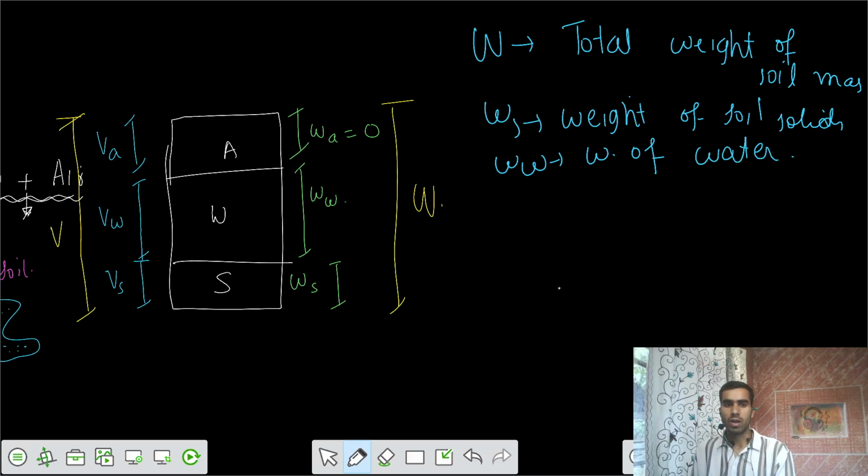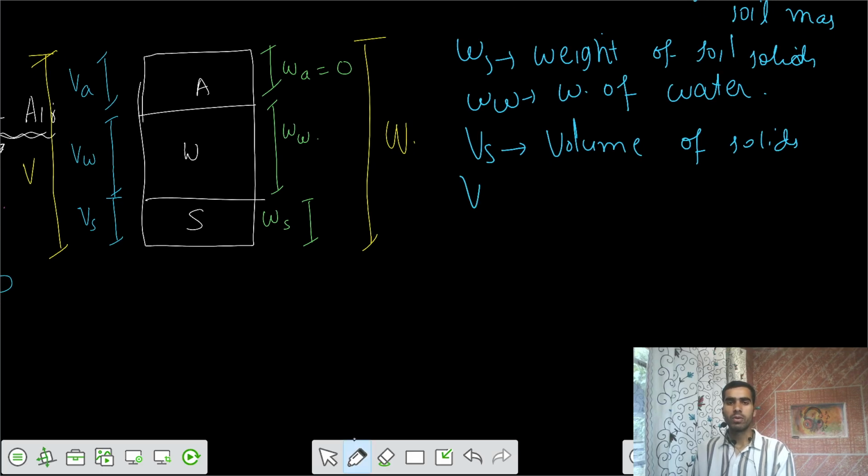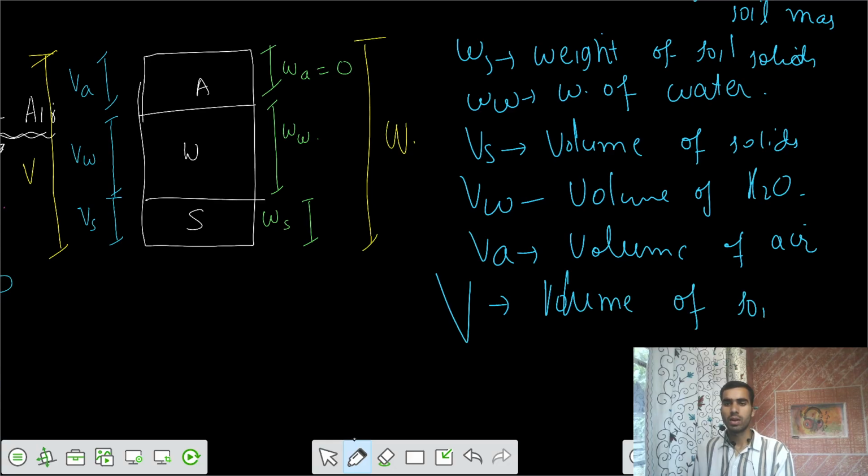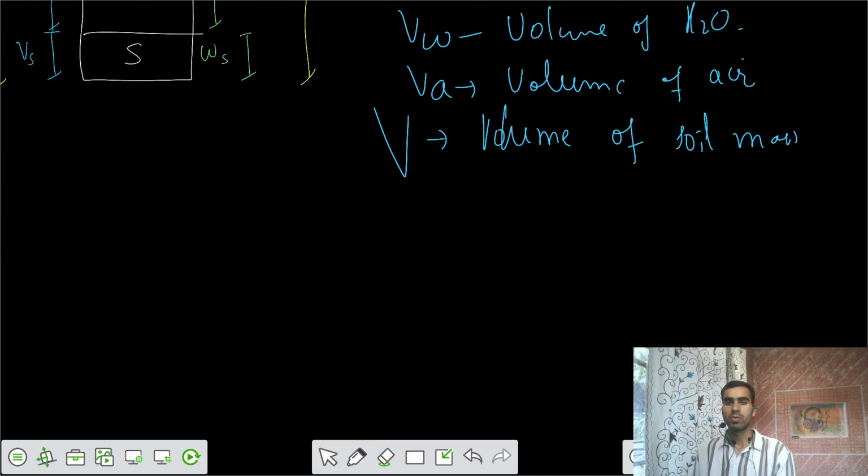After that we have Vs, the volume of soil solids, Vw, the volume of water, and Va, the volume of air. After that we have capital V, the total volume of the soil mass that you are taking.